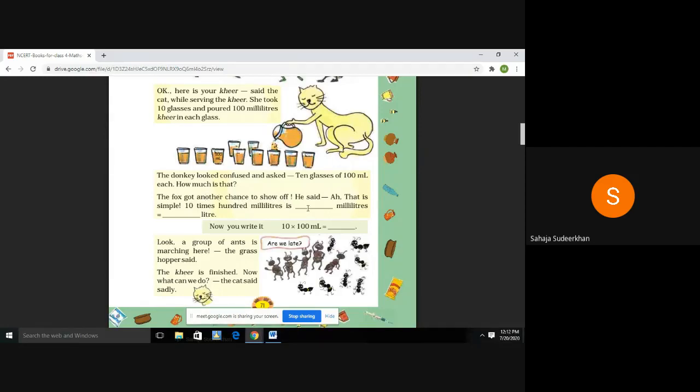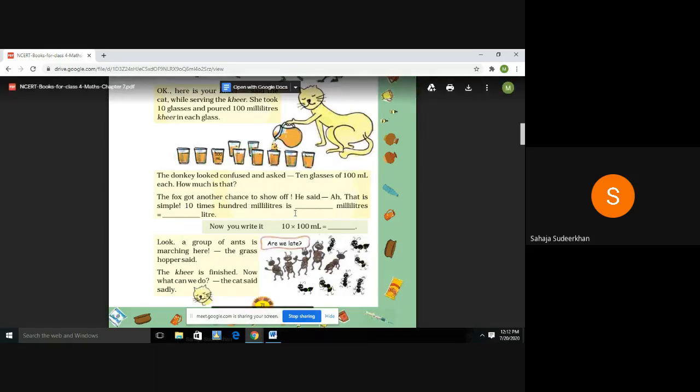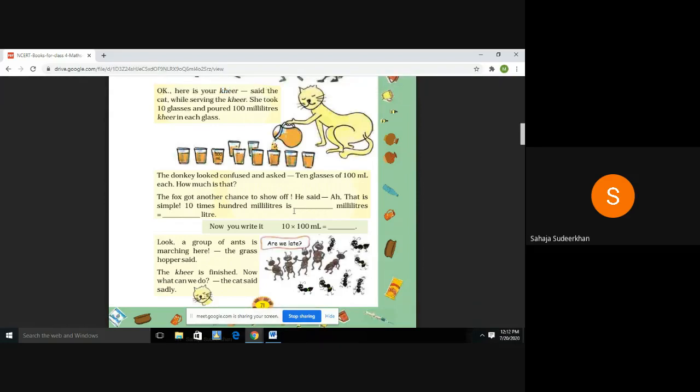The fox said, ah, that is simple. And you don't know these simple things also. 10 times 100 milliliters is dash milliliters. How many milliliters? 1000. You will write here 1000. Equal to 1000 milliliters means how many liters, children? 1 liter. What will you write here? 1 liter. Very good. Now you write it.